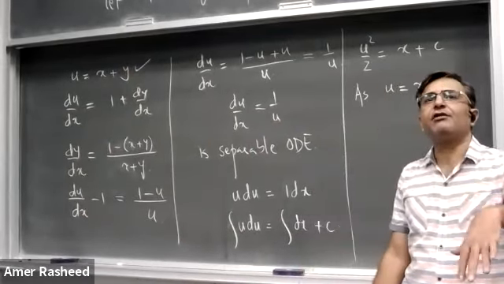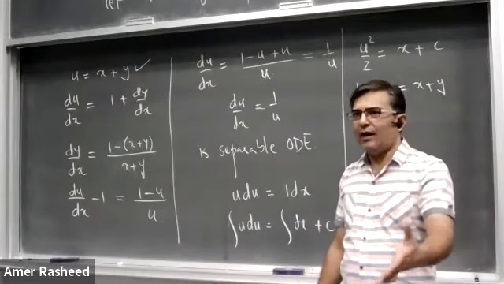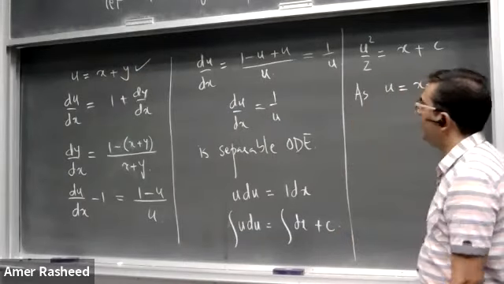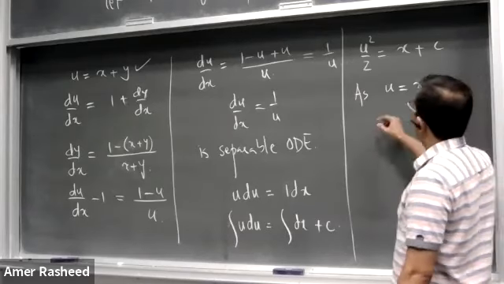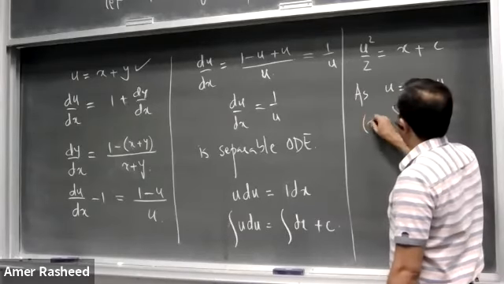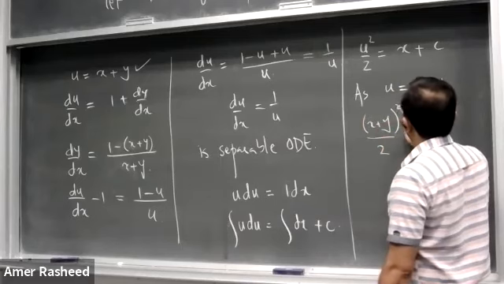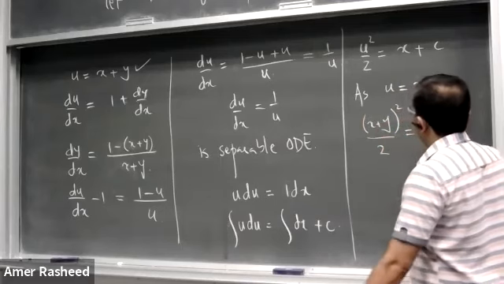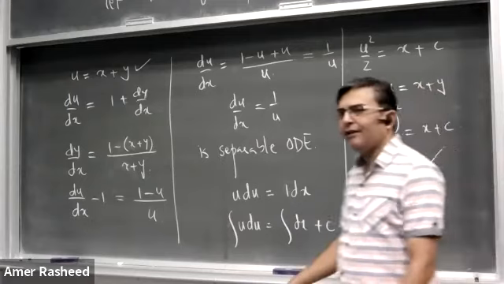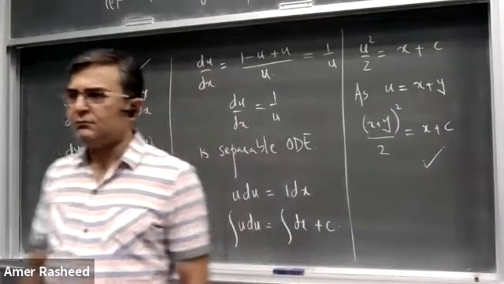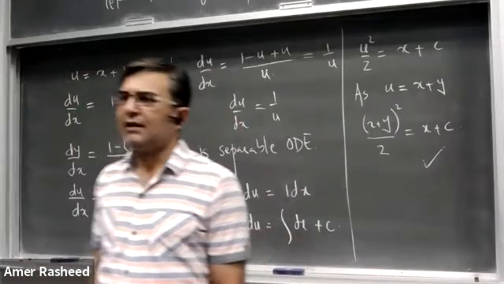Because the original equation was in x and y, your answer should be in x and y. So it becomes (x plus y) whole square divided by 2 is equal to x plus c. So you can leave it here. It is your answer. It's an implicit kind of solution.